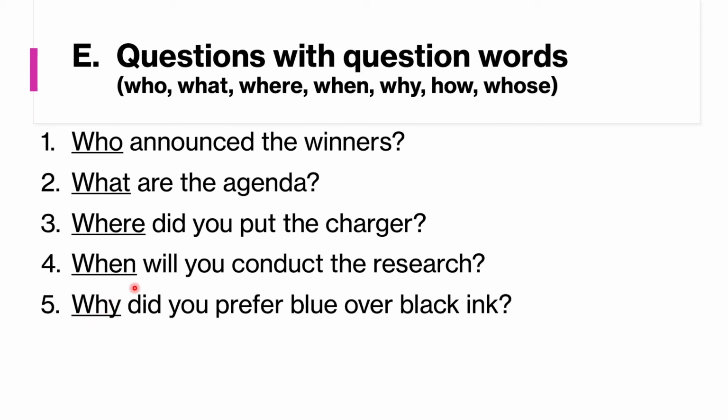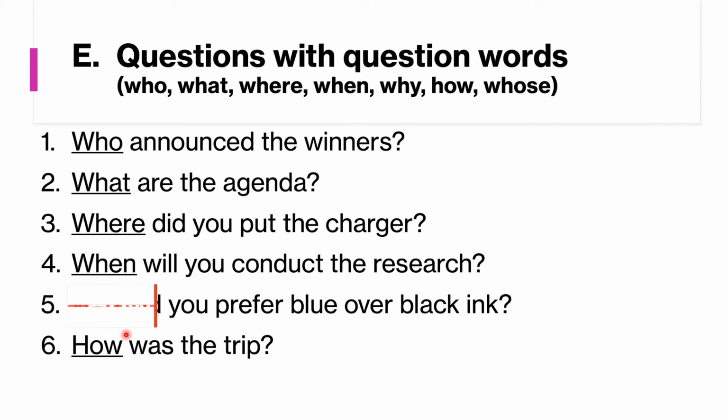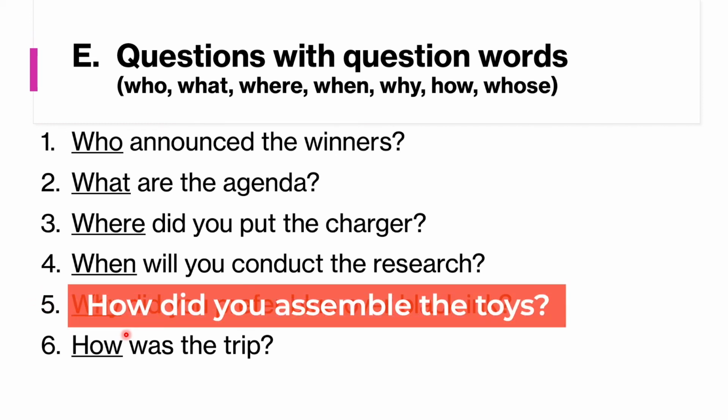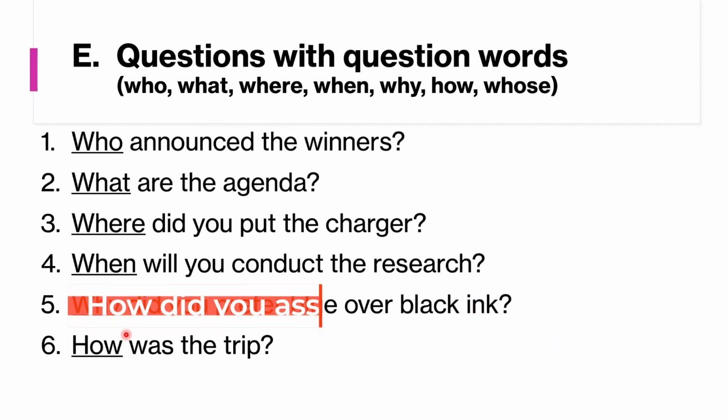Bakit, it's asking for reasons. Number 6, how was the trip? How was the trip? Okay, in other questions you could have, how did you assemble the toys? Okay, it's asking about the process or the procedure. So in Filipino, it is paano.